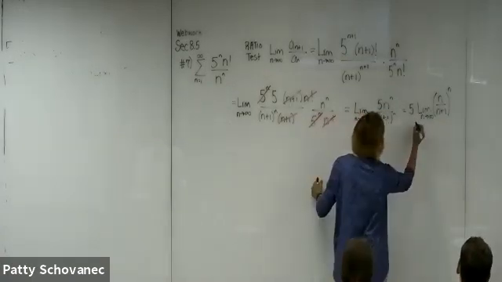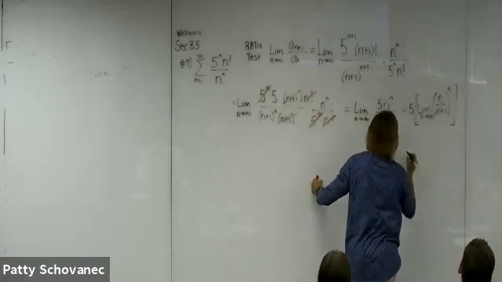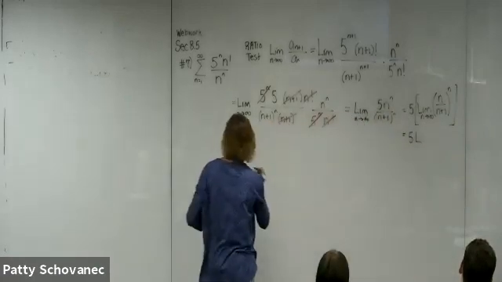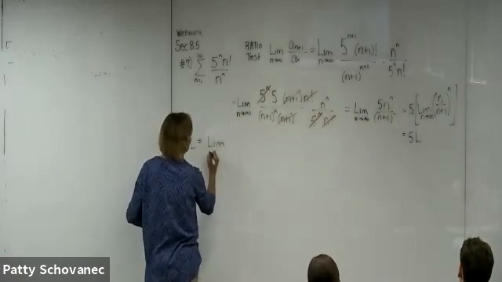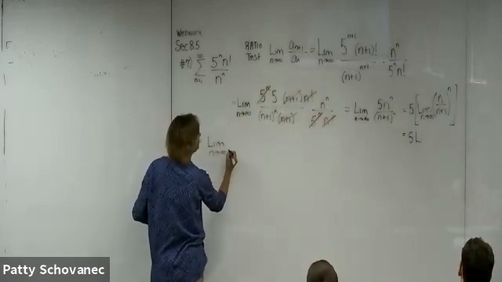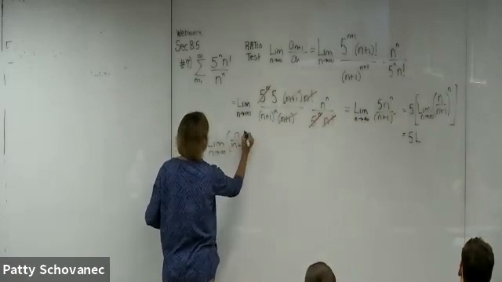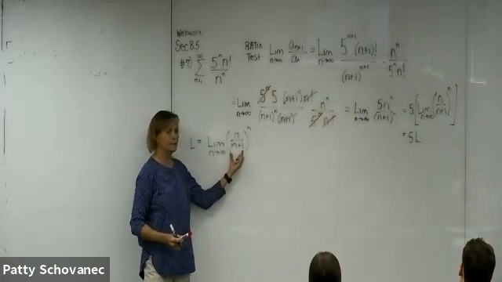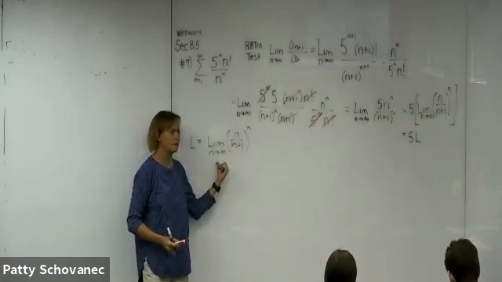So I'm gonna say, let this part here be equal to L, where L is equal to the limit as n goes to infinity of n over n plus 1 to the n. So inside the parentheses, what's happening to n over n plus 1 as n goes to infinity?